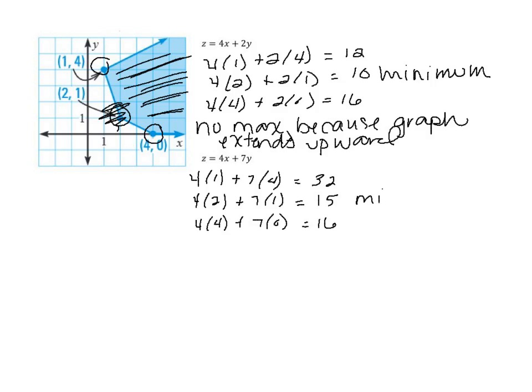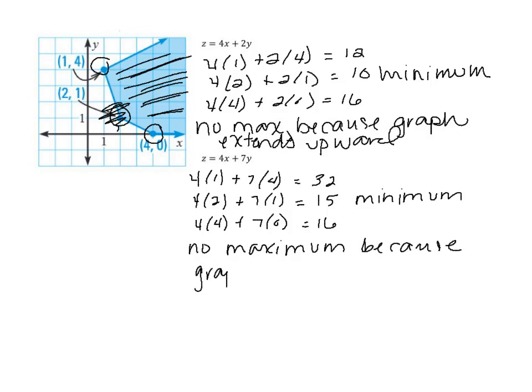So again, we have a minimum. But like before, since our graph keeps extending upward, we're going to have no maximum, because the graph extends upward.